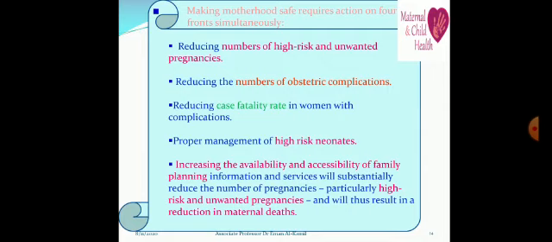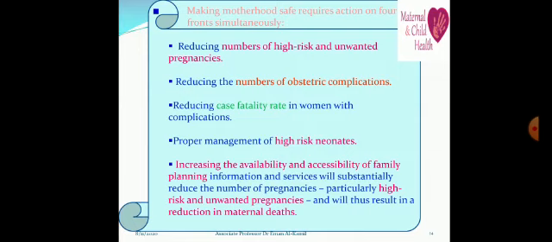Many women don't use, for example, contraception, and they have unplanned or unwanted pregnancy, and these women are at risk of having abortion. They may have illegal abortion or induced abortion, and this will expose the women to many complications of the abortion. So it is important to prevent the unplanned or unwanted pregnancy and have good management to prevent the complications.